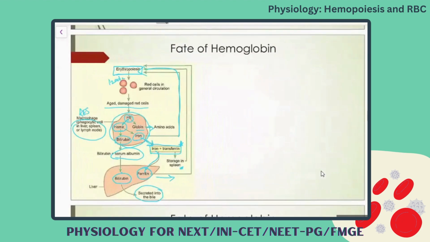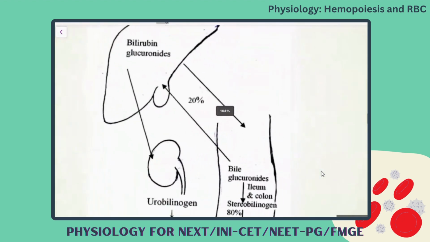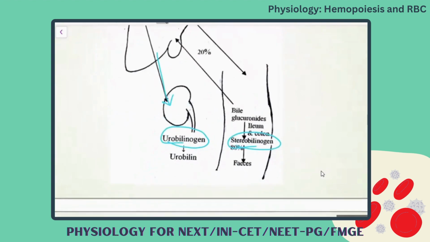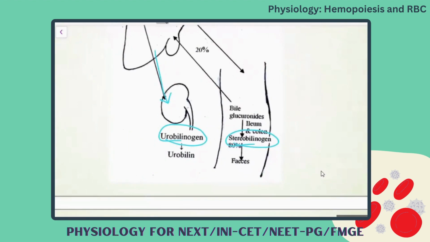Okay, and after that, this bilirubin is excreted: it enters into the kidney and is converted into urobilinogen, and in the intestine it is converted into stercobilinogen. Because of the presence of bilirubin in the form of stercobilinogen, the feces has a yellowish color, and the urine is also slightly yellowish because of the presence of urobilinogen.